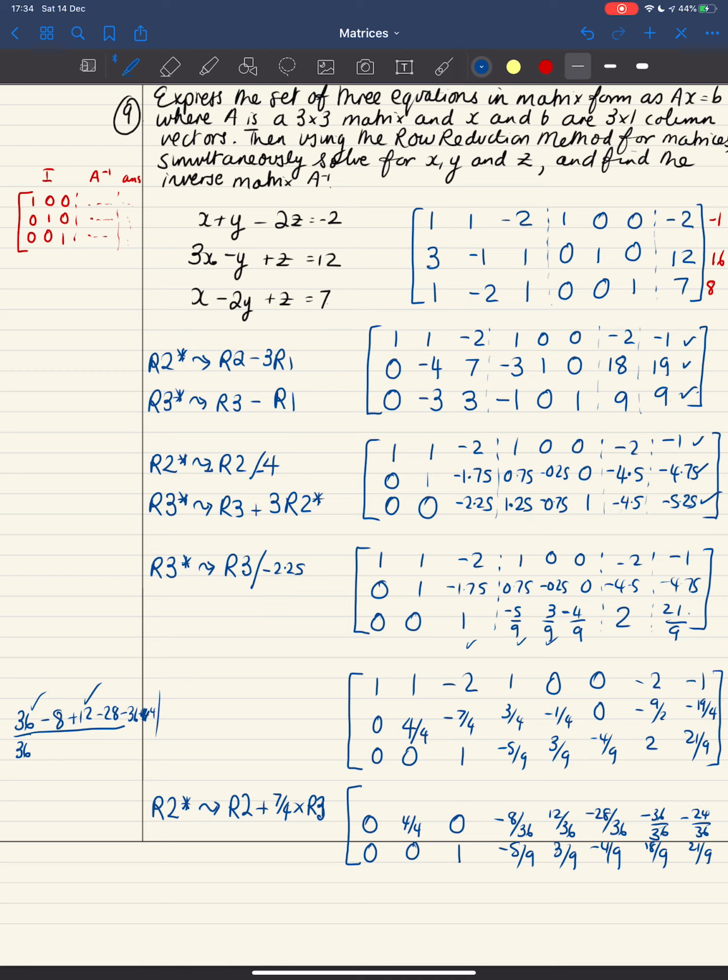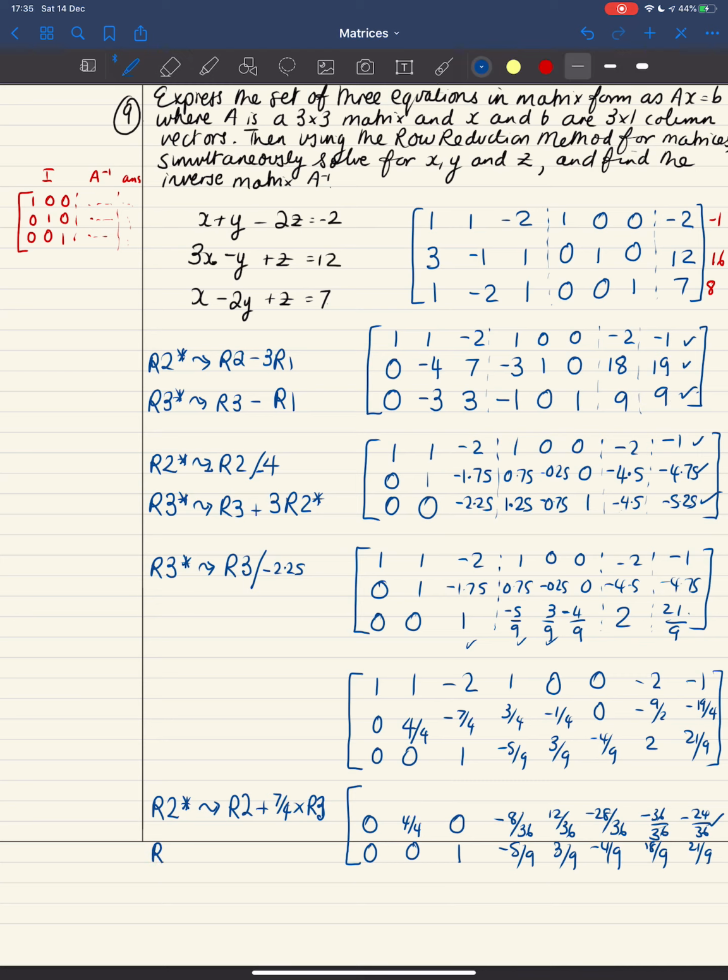Sorry, I don't want that, that's what it's got to be equal to. So 48 minus 8 minus 28 minus 36. That's minus 36 minus 72, which is minus 24. Amazing. Whew. Calculator is your friend for these.